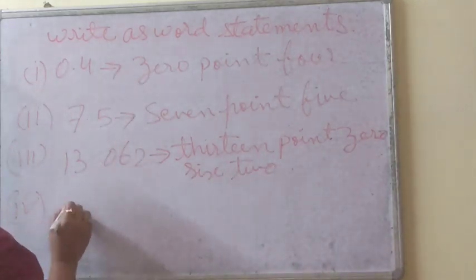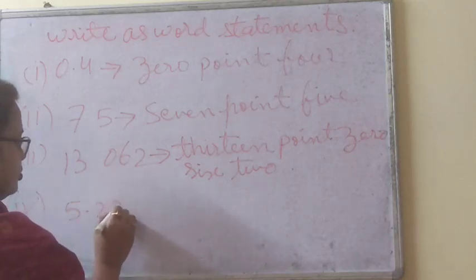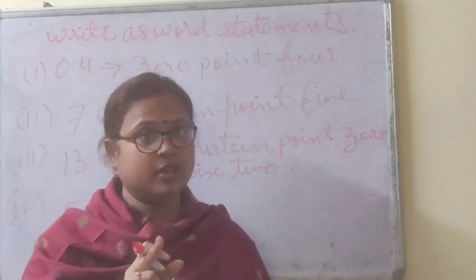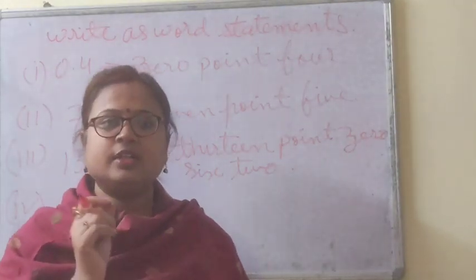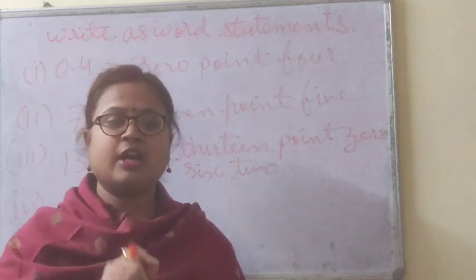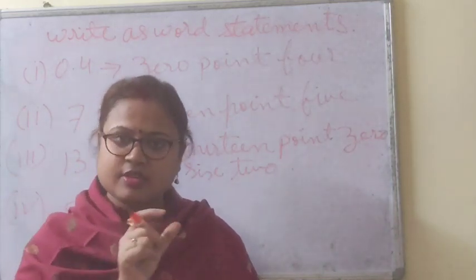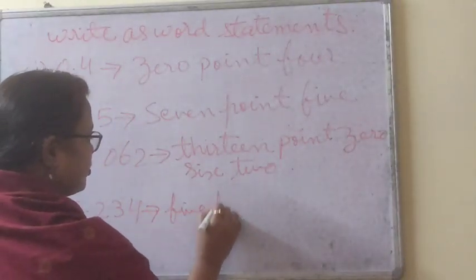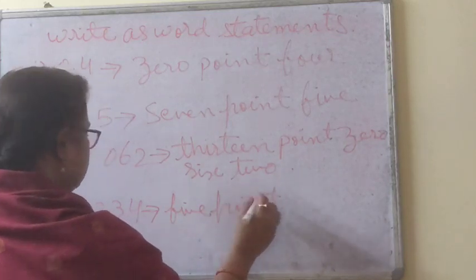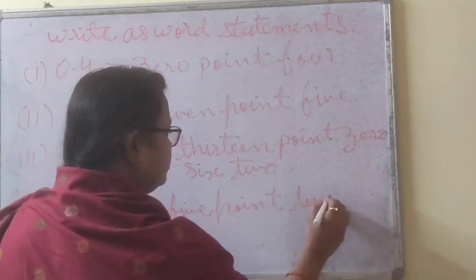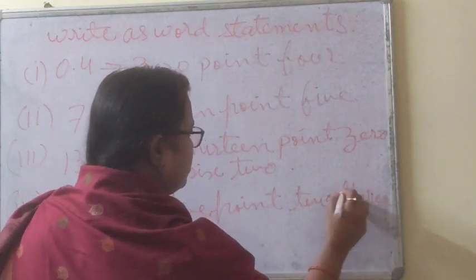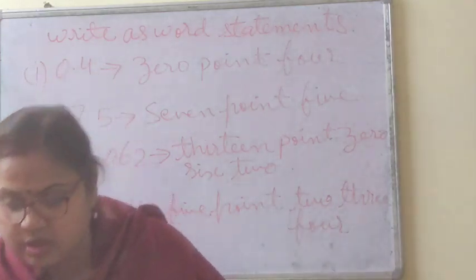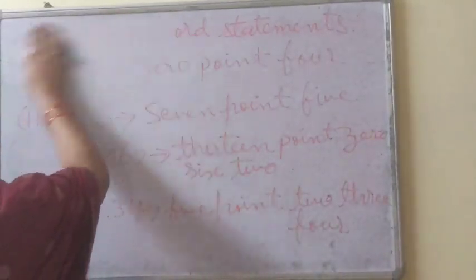Now next, if you get 5.234, this is the wrong way to read. Don't read like this. We separate the digits after the point. Clear? Here also we will write like this. 5.234. Okay.